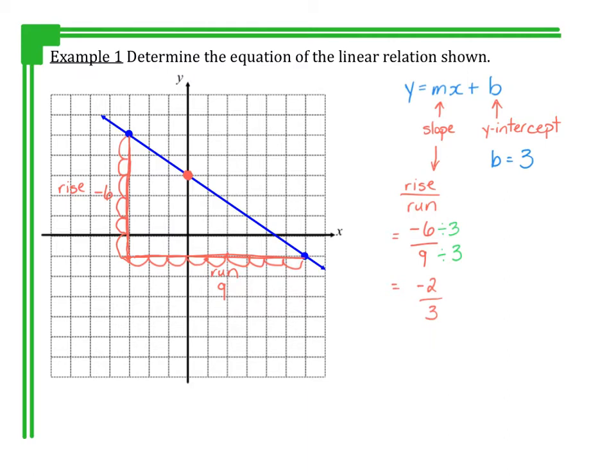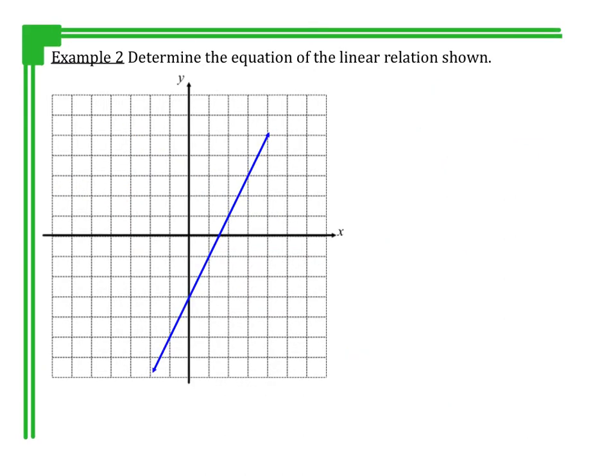That means that the equation of this line is y equals m, which is negative 2 over 3, x plus b, which is 3. Our equation is y equals negative 2/3 x plus 3.